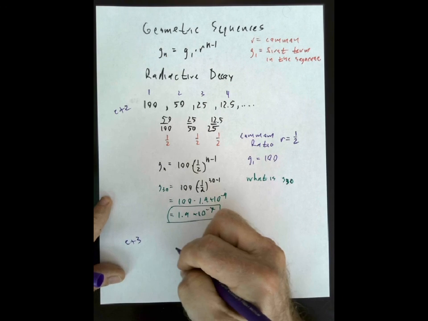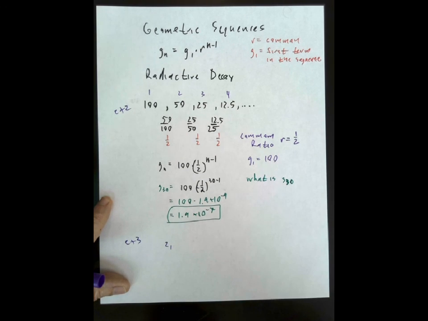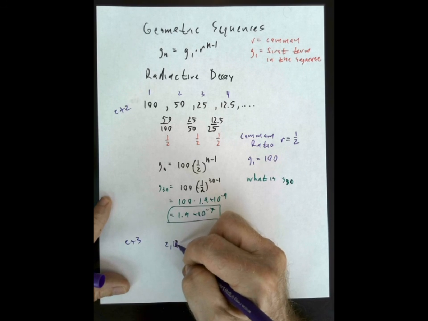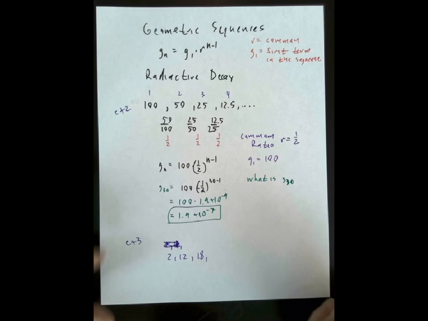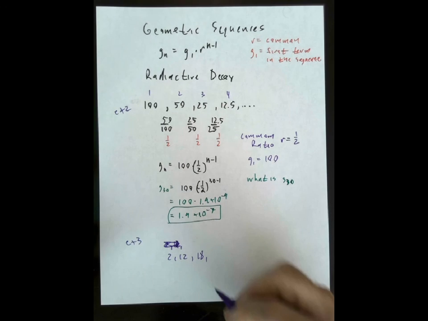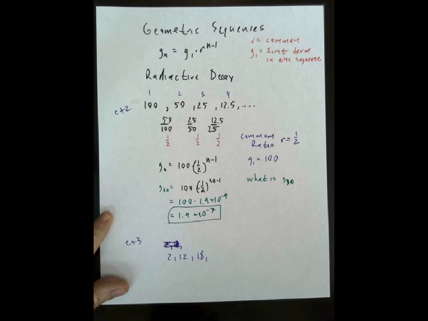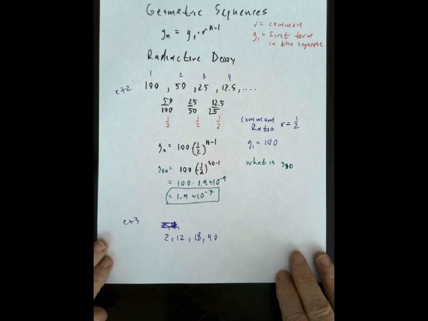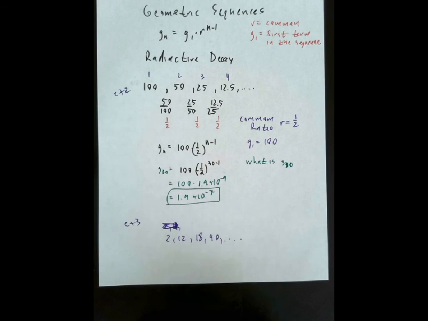How about 2 and 12, and how about 40? I don't know, let's put a number down there. Okay, dot, dot, dot. Let's see, is there a pattern? And if there is one, is it geometric?